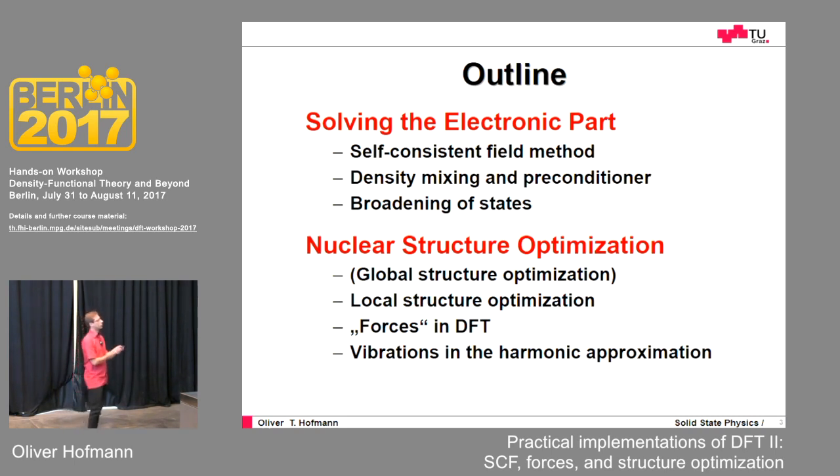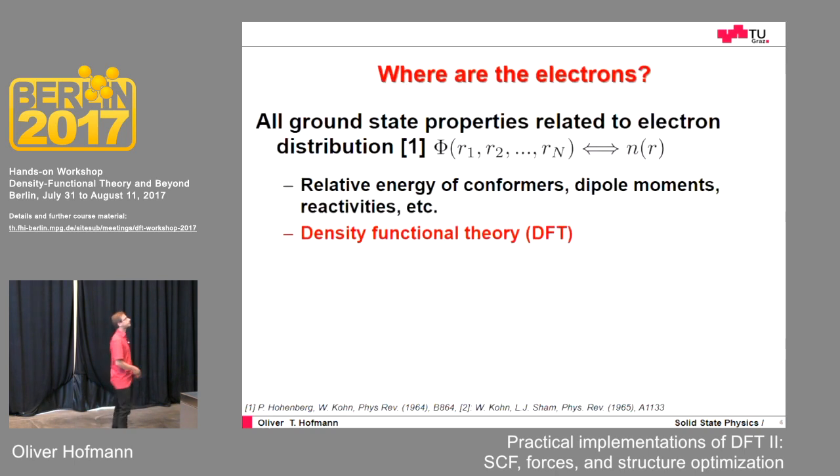Where we'll focus on local structure optimizations, forces in DFT, and vibrations only within the harmonic approximation. Most of these parts will be discussed, at least from a theory perspective, in a little bit more detail by later speakers. And that's also why I want to focus more on the practical implications.